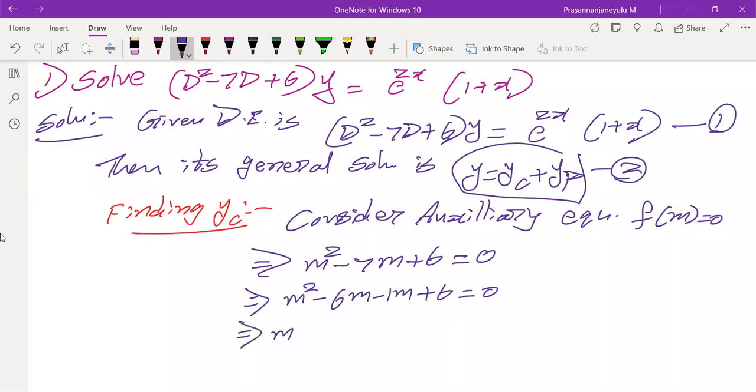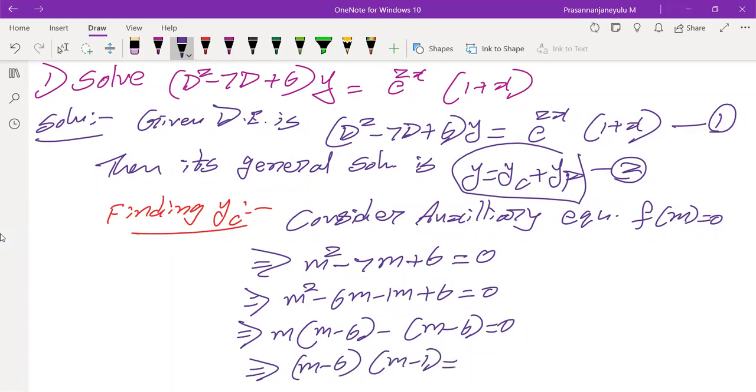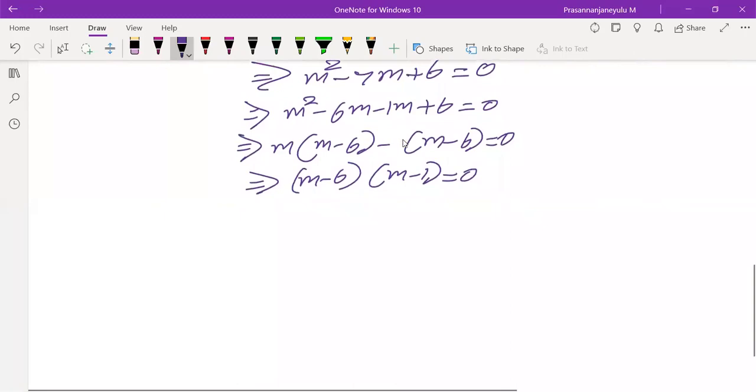Taking m common from the first two terms, m minus 6, taking minus common from the next two terms, m minus 6 equals 0. Now m minus 6 is common in both, so we get m minus 6 into m minus 1 equals 0. From this, we can conclude that m equals 1 and 6. Both are real roots.